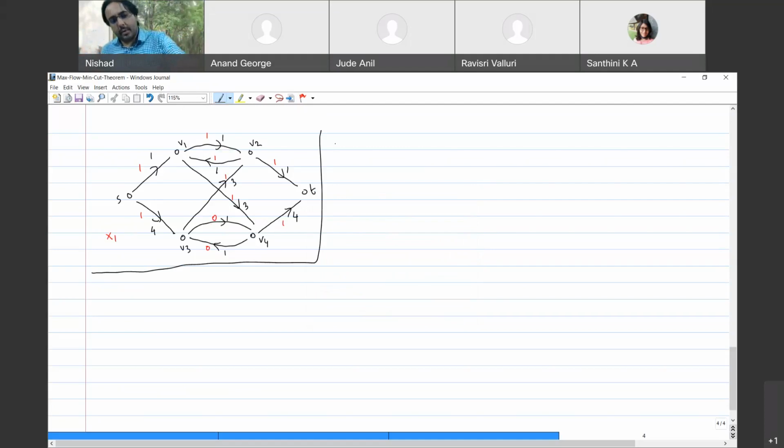So the first question I want to ask is, is there a simple idea to find a better flow? Not a complex idea, just something as simple as you can think of. Can anybody see some way to get a better flow in this example? Or can you just state the idea you have in mind?